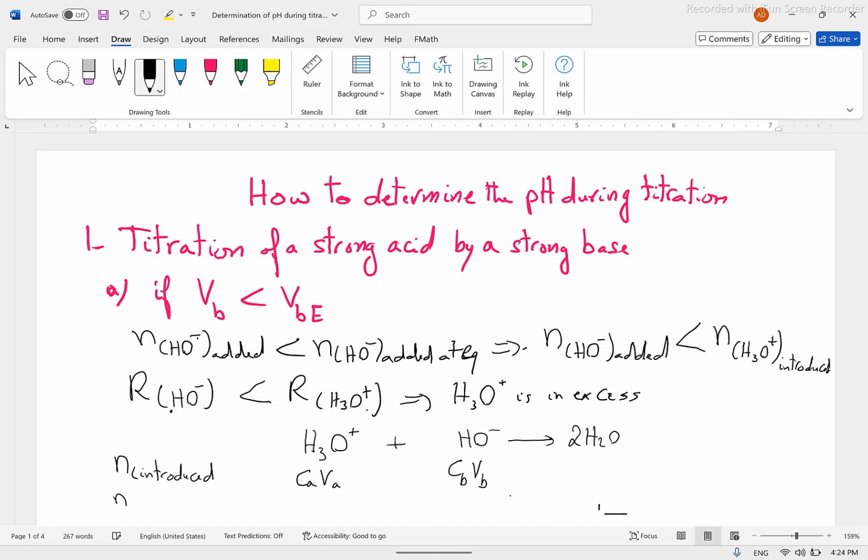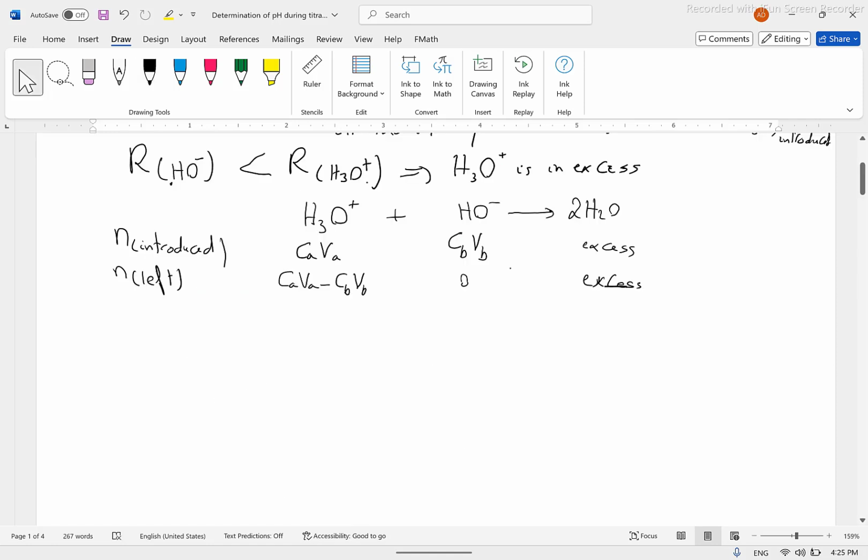Number of moles left: HO- is the limiting reactant, then the number of moles of HO- left equals 0, while the number of moles of H3O+ left equals CaVa minus CbVb. Water is in excess before and after. Then the number of moles of H3O+ left equals CaVa minus CbVb.